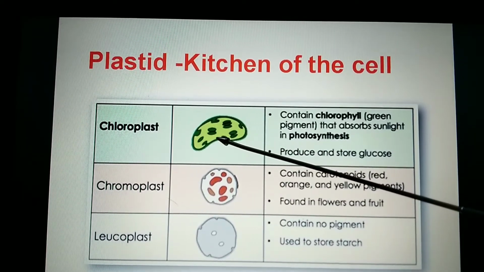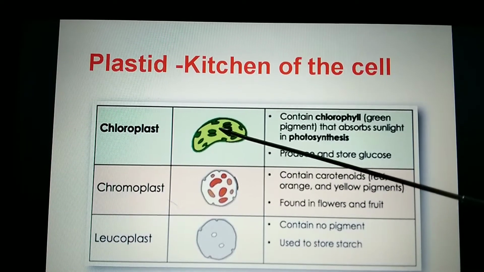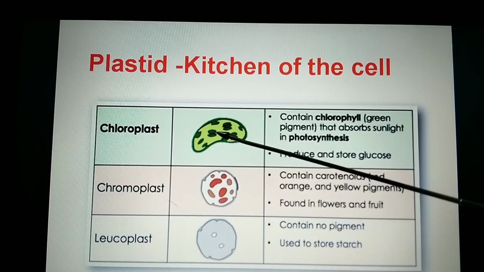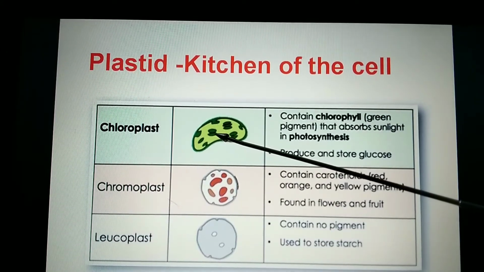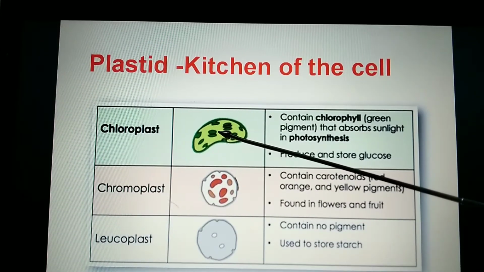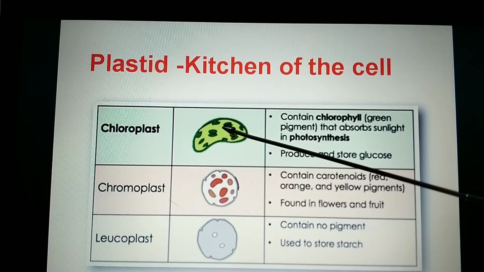They are the functional unit of chloroplast. That means grana, which are present like piles of coins, are called the functional unit of chloroplast.